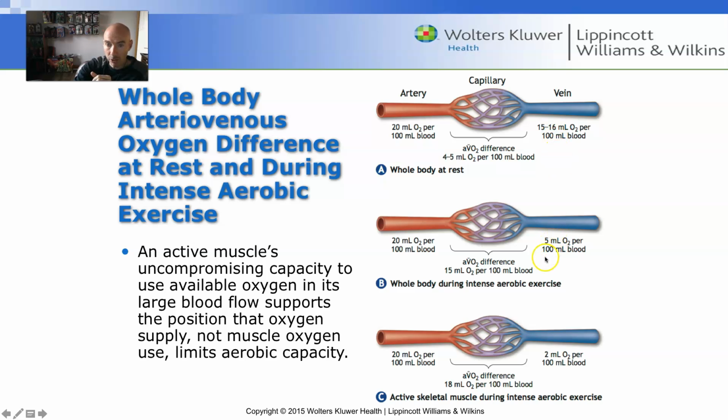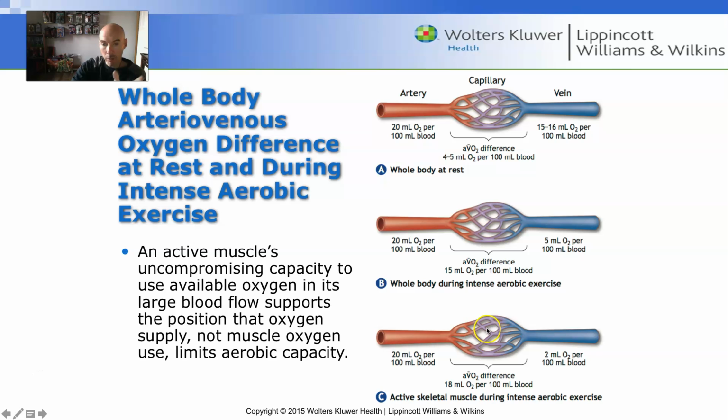Down here, we only have 5. So what that means is we've taken more out, which makes sense. During exercise, our muscles have a greater need for oxygen, so more oxygen is taken out of the blood for use by the muscles, resulting in less oxygen being found in the venous blood as it exits the tissues. At rest, we don't need as much, so very little is taken out, which means there's more oxygen remaining in the venous blood as it heads back up to the lungs, okay?